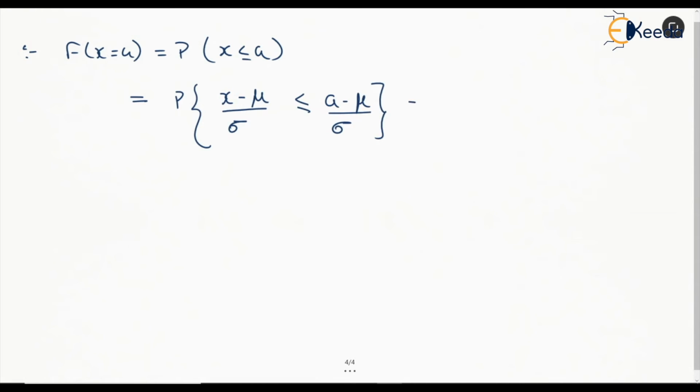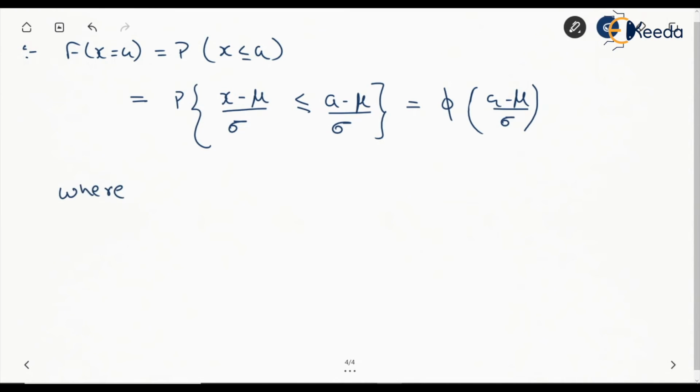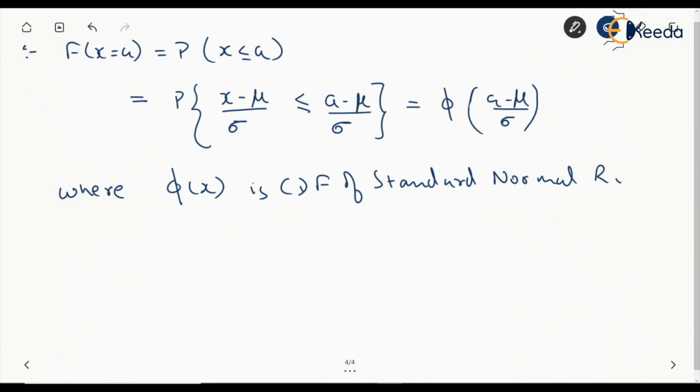And this is given as the function phi of a minus mu by sigma, where phi of x is the cumulative distribution function of the standard normal random variable.